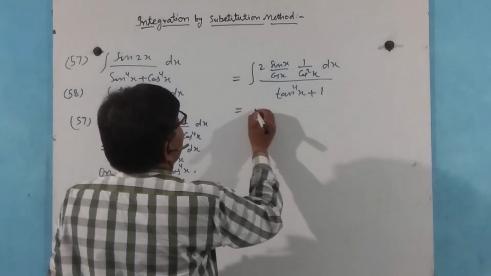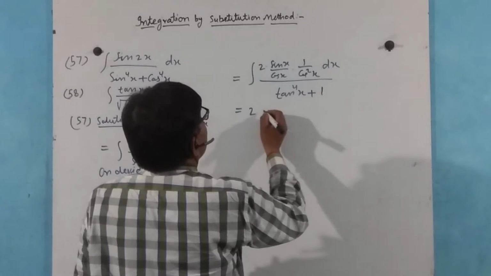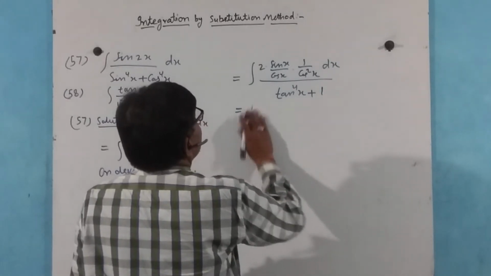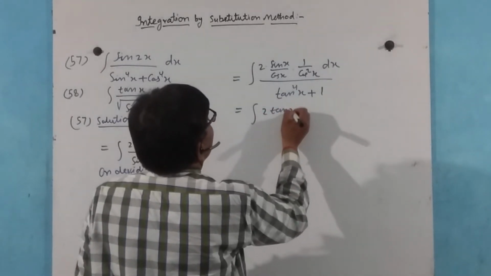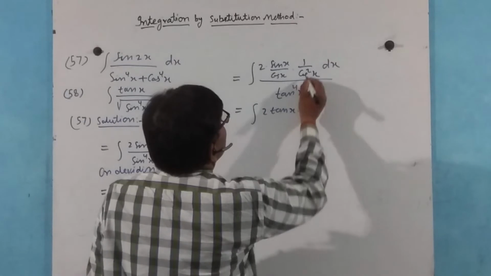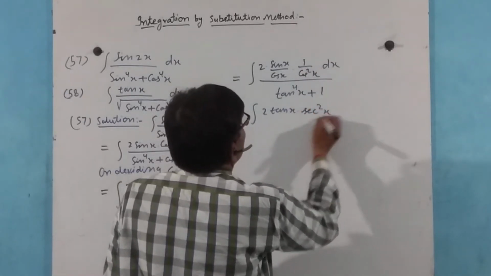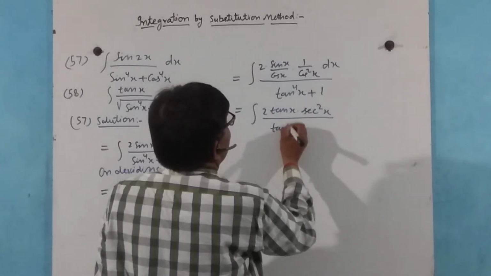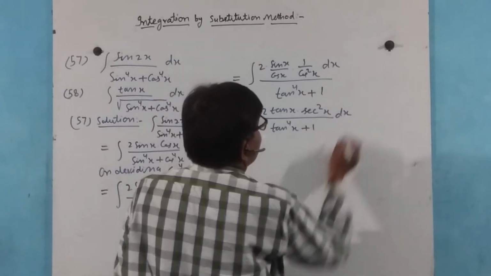This can be written as the integration of 2 tan x into sec square x divided by tan to the power 4 x plus 1 dx.